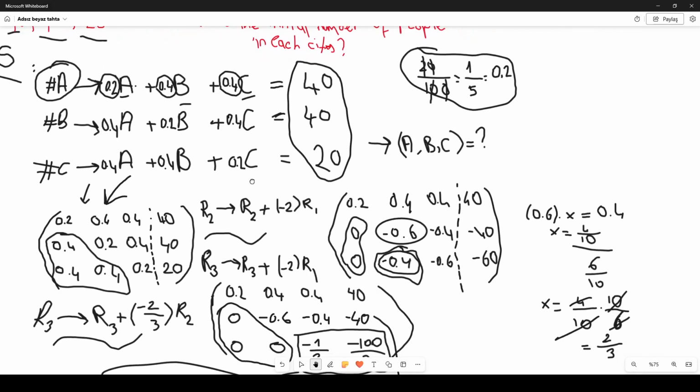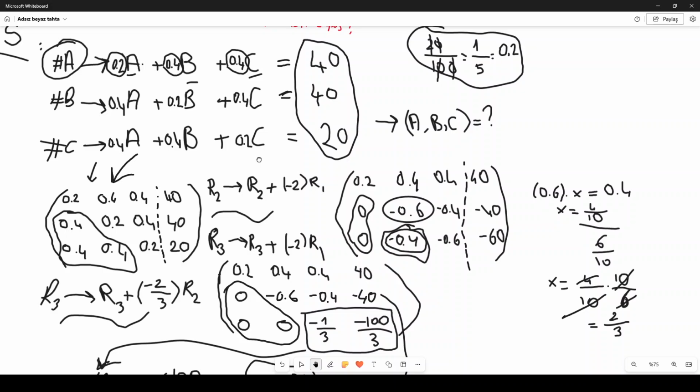We don't even need to apply the Gaussian elimination technique because we already know the equations, right? We know that the total number of A, B, and C can be represented by using these equations, which we already have created.